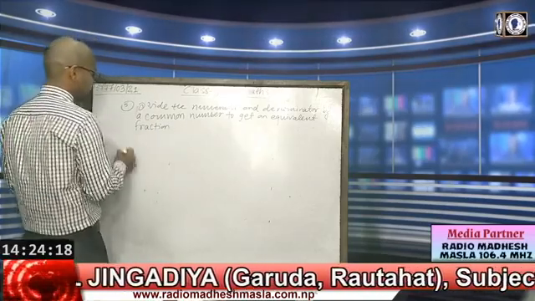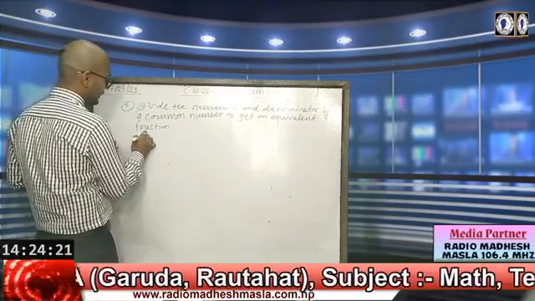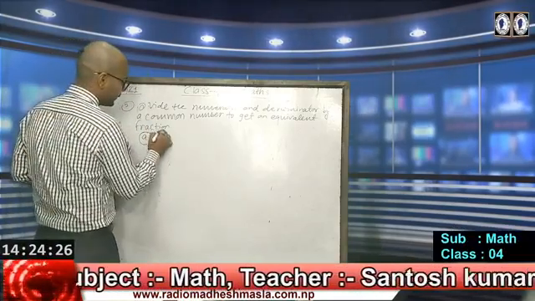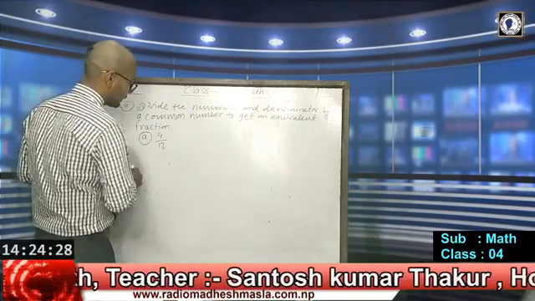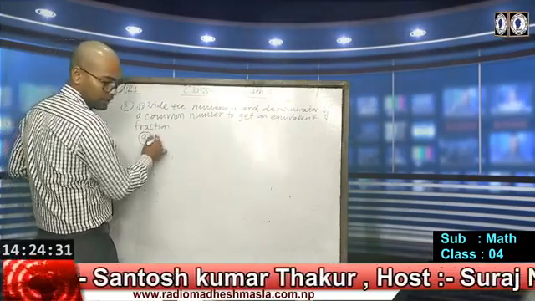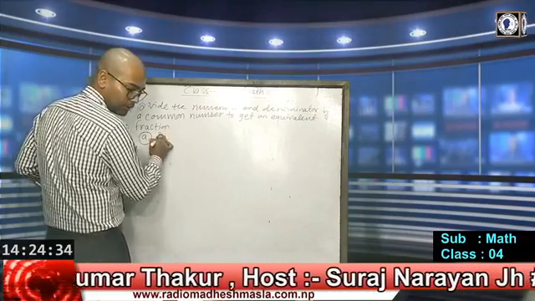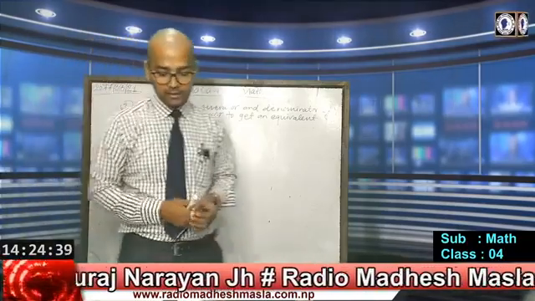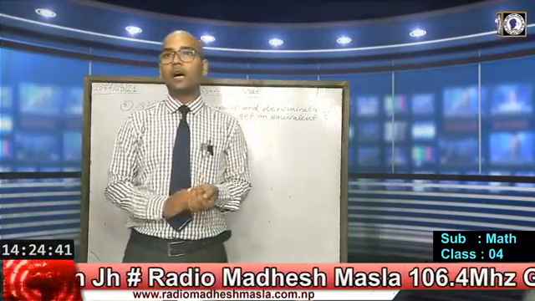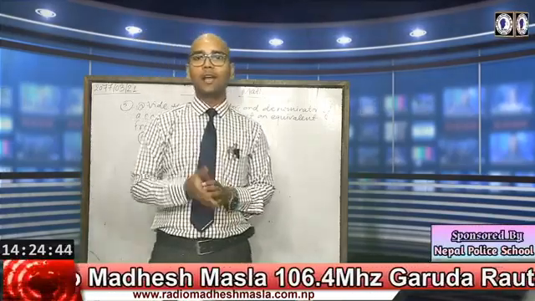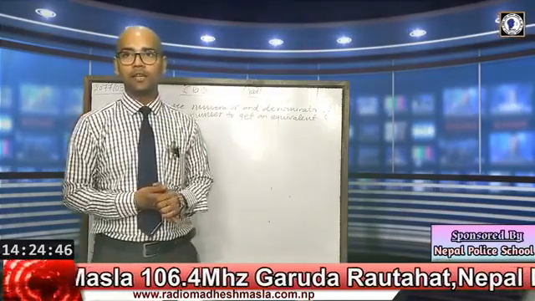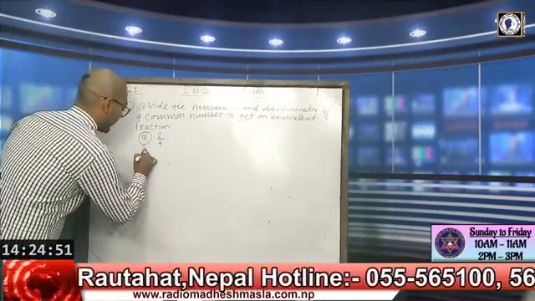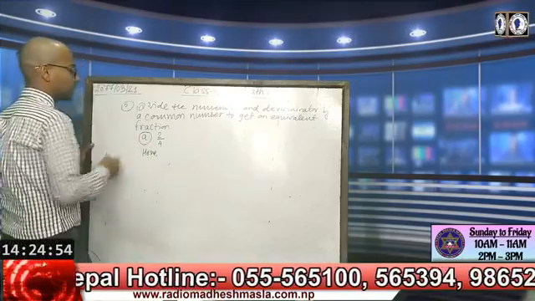Suppose in question number 8 we are given 4 by 12, or sometimes maybe 2 by 6 or 2 by 4. As we learned in our previous classes how to find the equivalent fraction according to the definition, here first we have to find its common number.